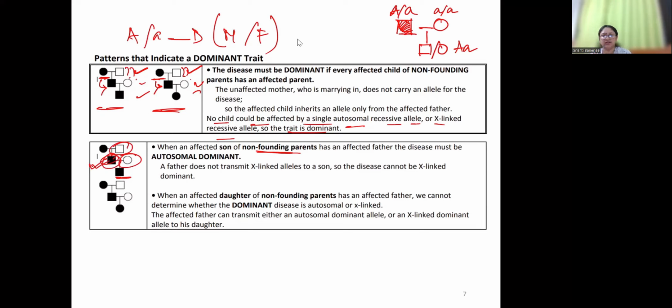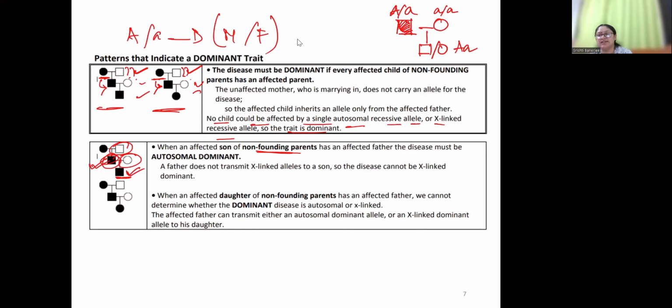Why? The father will not transmit any X-linked allele to the son, so the disease cannot be X-linked dominant. Am I clear here?